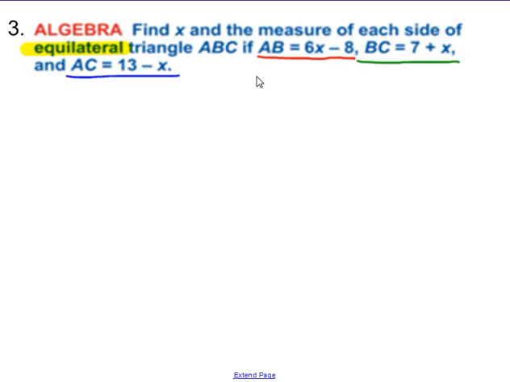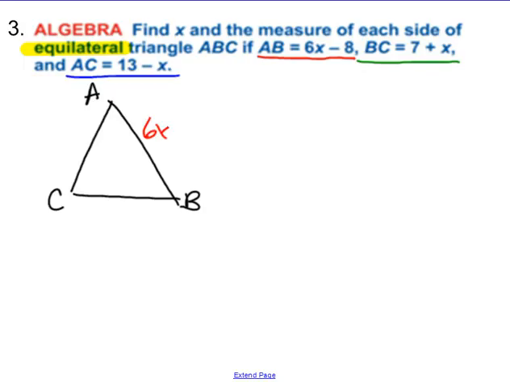So if I draw this triangle, and it doesn't matter what it looks like, it just helps you to see it. All right, so I'm going to put AB right here, which is 6x minus 8. BC is 7 plus x.